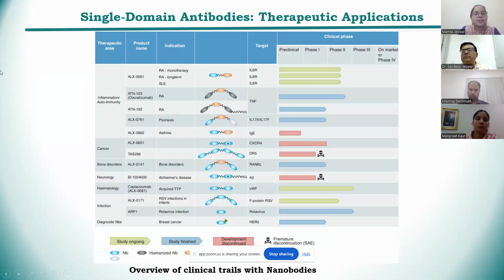In this table, you will see in the third line what they indicate for different diseases, what type of format is used for the clinical phase, and on the right hand side, on which phase of the clinical trials these nanobodies are.